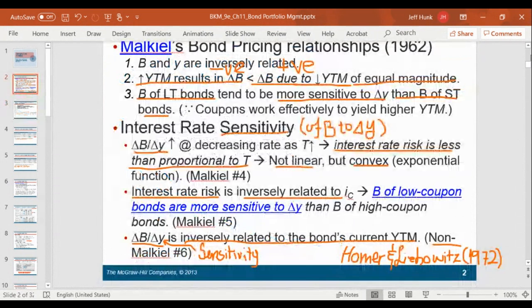Okay, and that's Malkiel's theorem number 2. Malkiel's theorem number 3 is also: the price of the long-term bonds tend to be more sensitive to change in yield than the price of the short-term bonds.